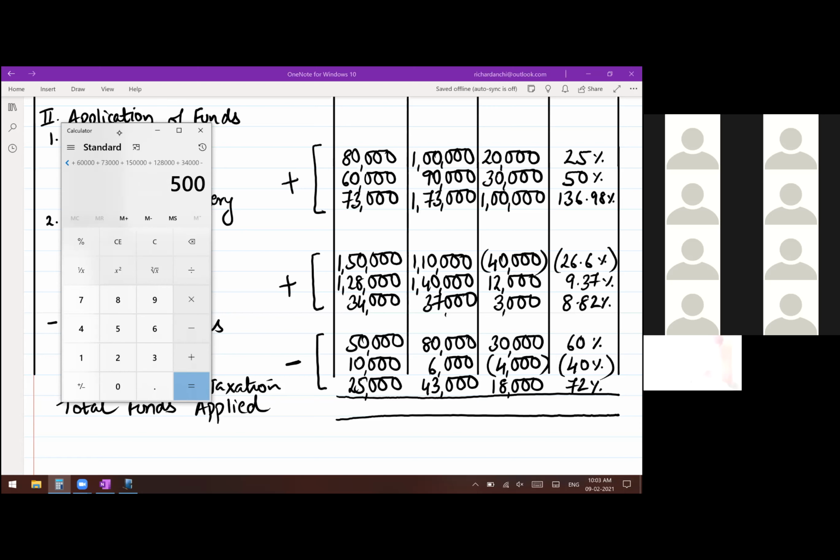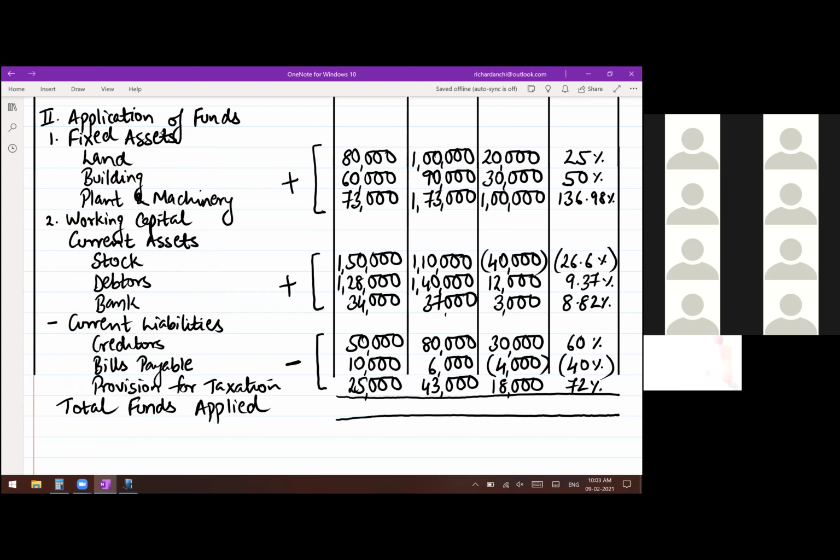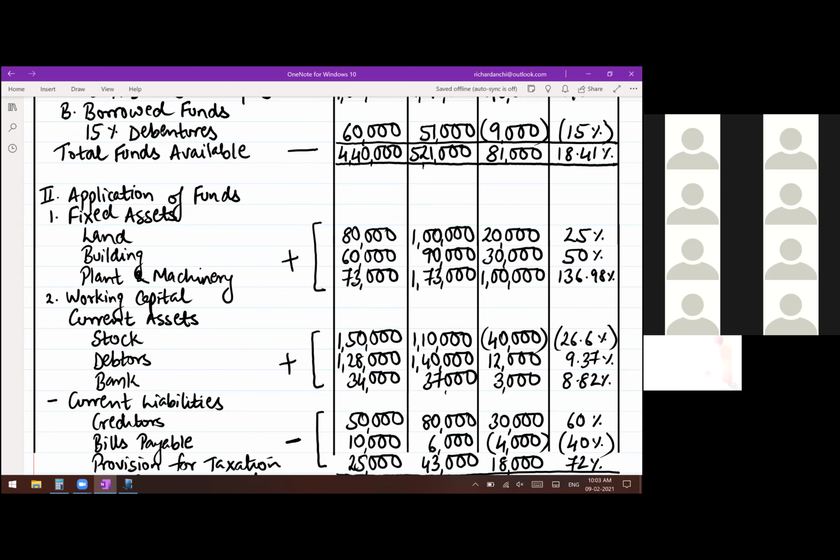Minus 50,000, minus 10,000, and minus 25,000. Is the total 4,40,000? Yes, sir. Your total funds available is 4,40,000. That is obviously going to match because liabilities is always equal to assets in the end. So 4,40,000 is the total.